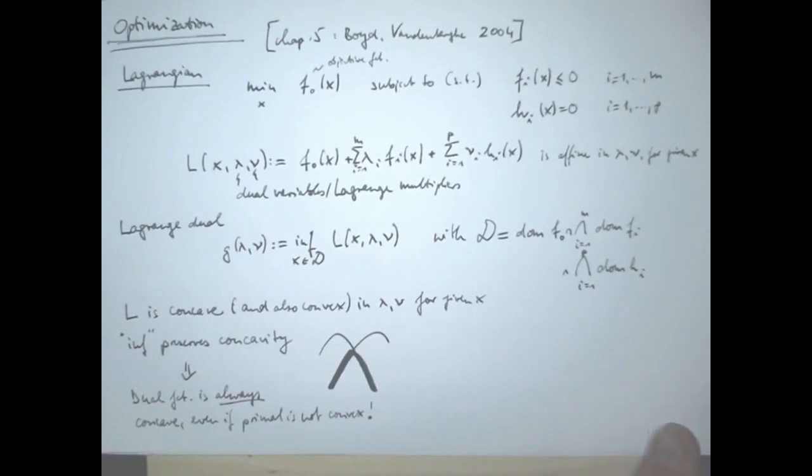The original problem here would be the primal problem. And the dual problem will be to maximize over those dual variables.